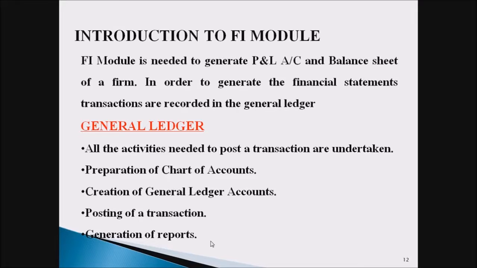Let's say I want to know for a period of three months what are the expenses I've spent on something like rent, or maybe salaries. How do I get it? I can get into the generation of reports. So whatever we do under the GL can be put under these four heads: the chart of accounts, the creation of GLs, posting, or generation of reports.